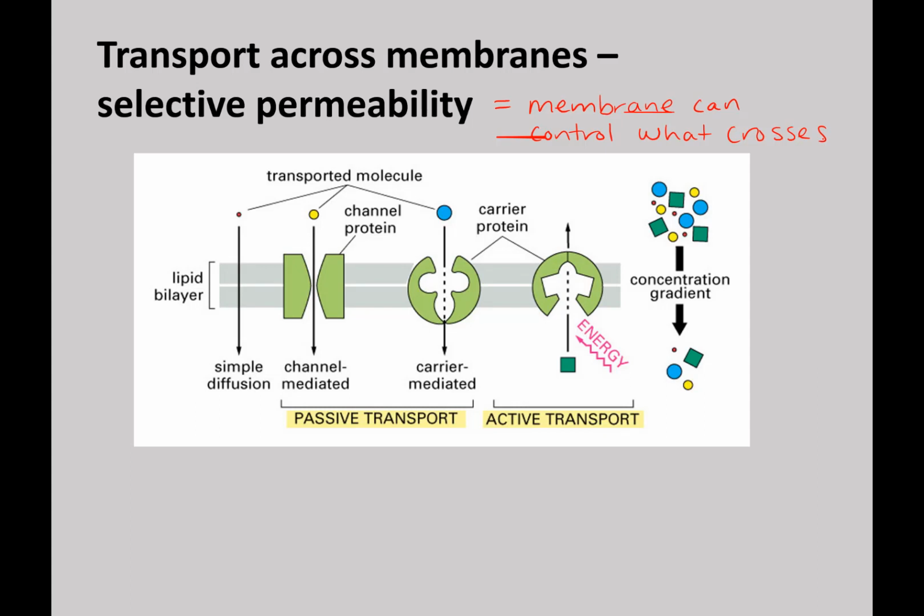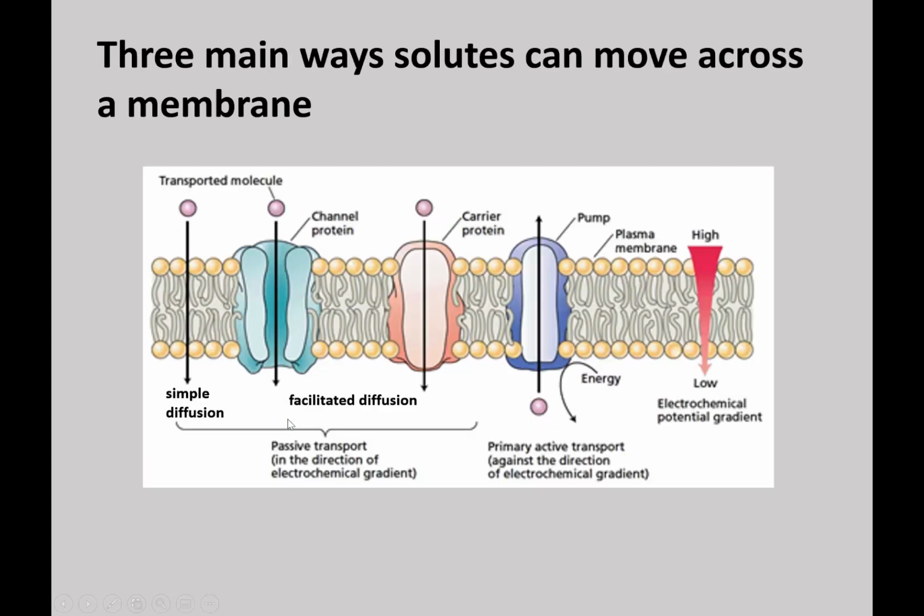And so we're going to talk about how we move those molecules that don't go across just by simple diffusion. So the three main ways solutes can move across a membrane: simple diffusion, and that means a molecule is going right through the membrane, or the phospholipid bilayer.